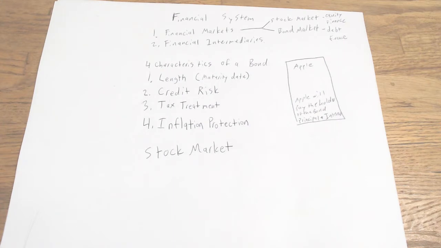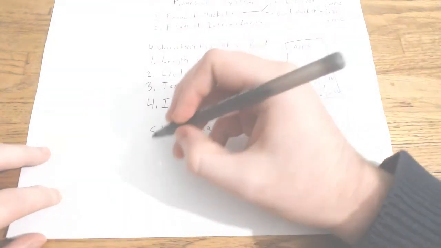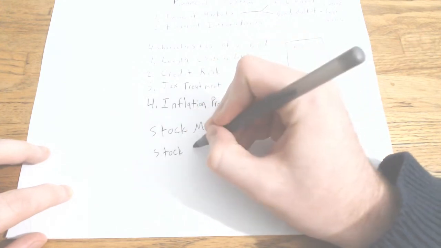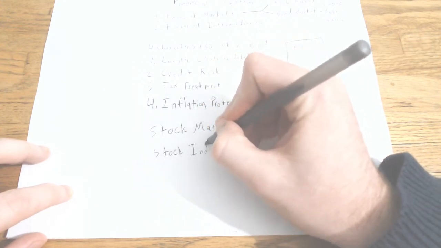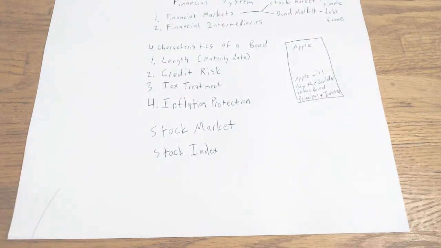A stock index is an average of a group of stock prices. The most famous one is the S&P 500.